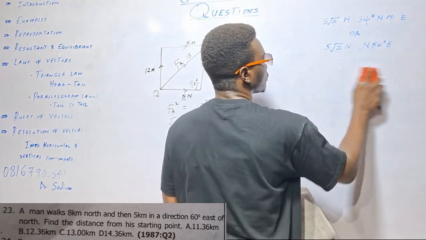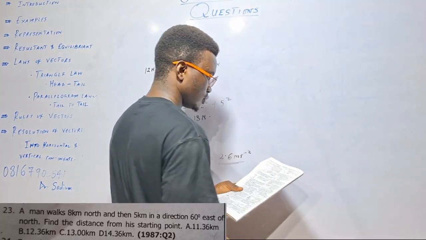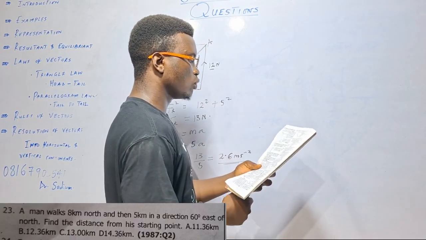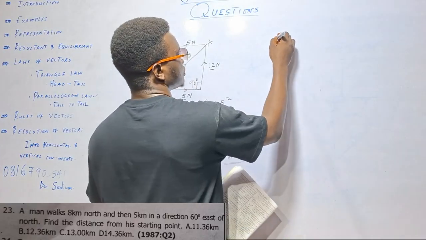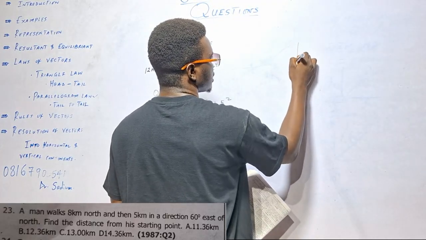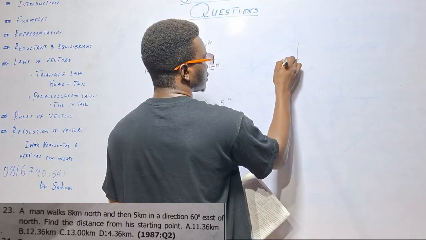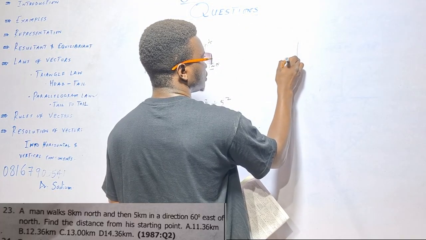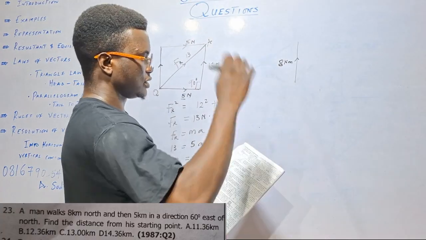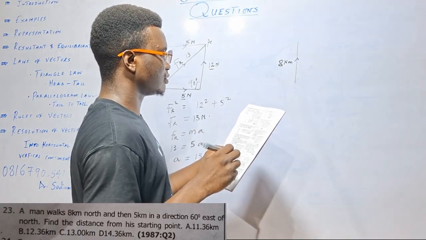So the question says that a man walks 8 kilometers north and then 5 kilometers in a direction 60 degrees east of north. Find the distance from its starting point. So now I'm about to draw the direction of movement. So the man walks 8 kilometers north, so you can see that.